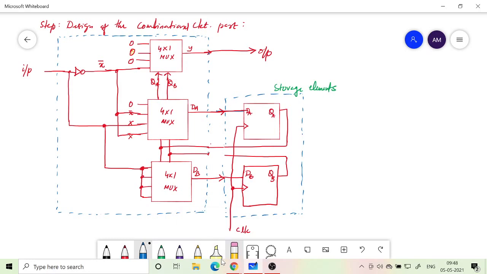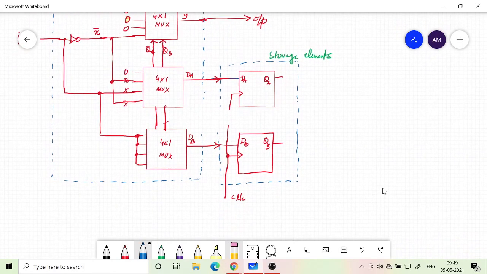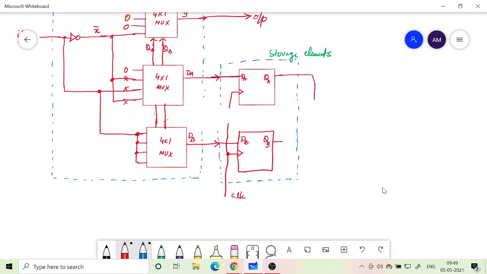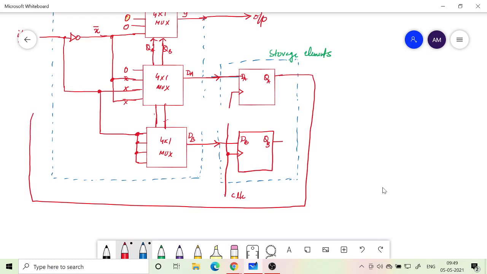Maybe I will make a better drawing. So the outer one is A and it is connected here.